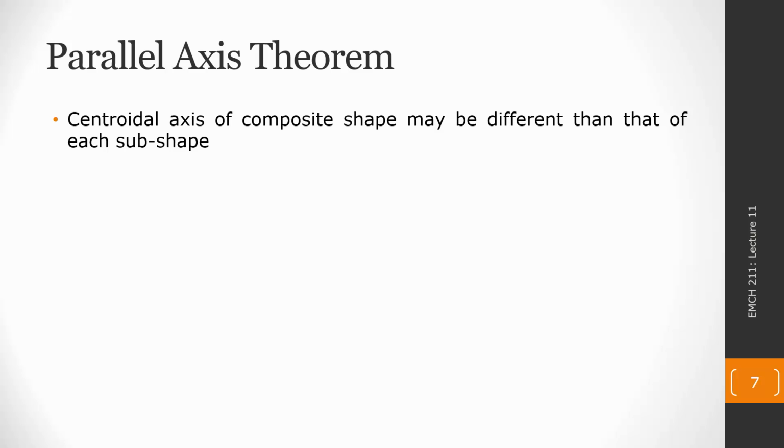So these calculations, the 1/12 bh cubed or the 1/36 bh cubed, is a starting point, but we're going to have to make an adjustment because we don't want to know just how does it resist bending about its own centroidal axis, but how does it resist it about the centroidal axis of the composite shape.